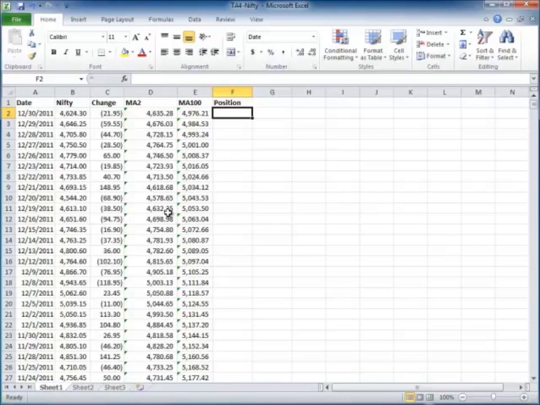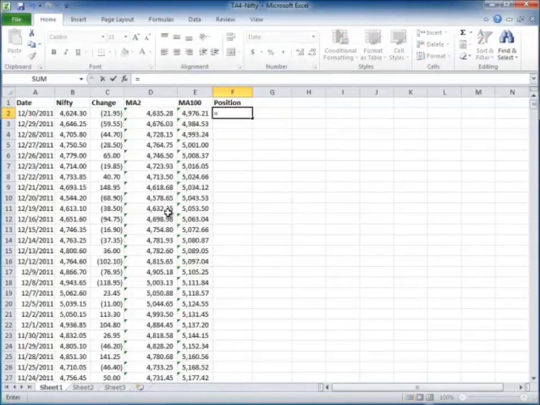So let's go through the criteria again of what constitutes a long position and what constitutes a short position. A long position will be whenever MA2, that is the 2-day moving average, is greater than MA100, which is the 100-day moving average. And a short position will be the other way around.